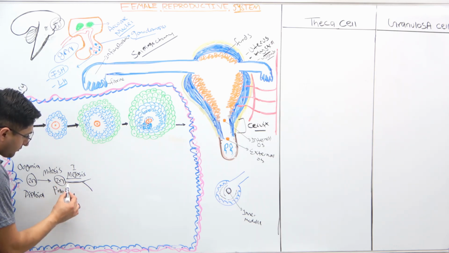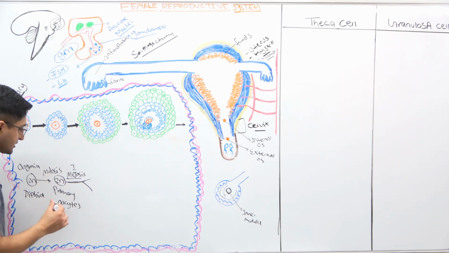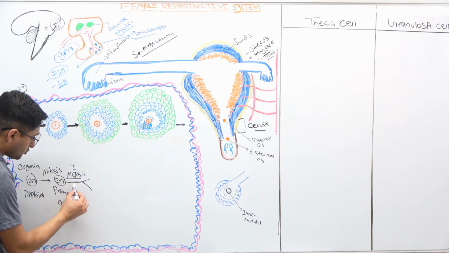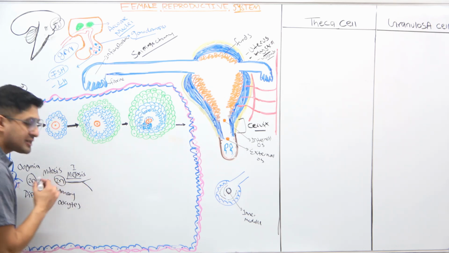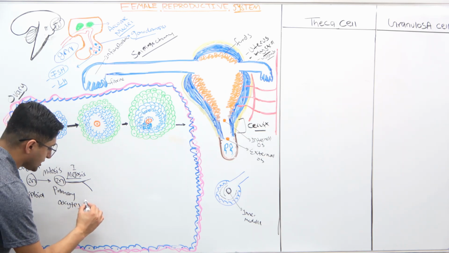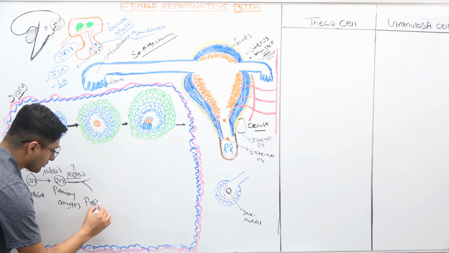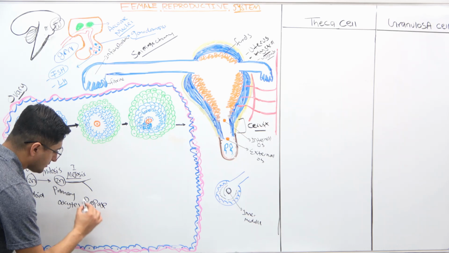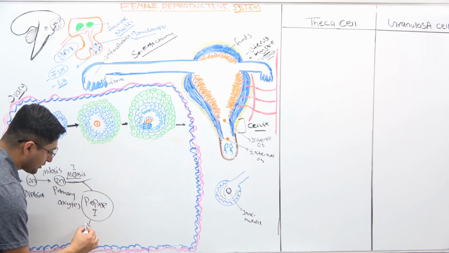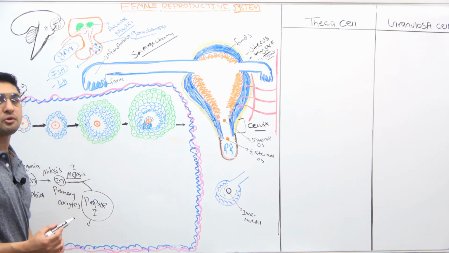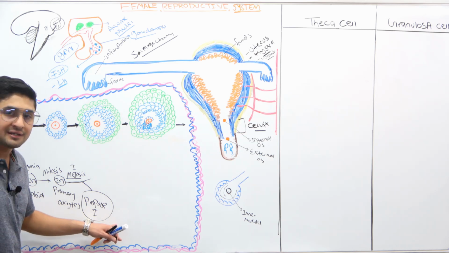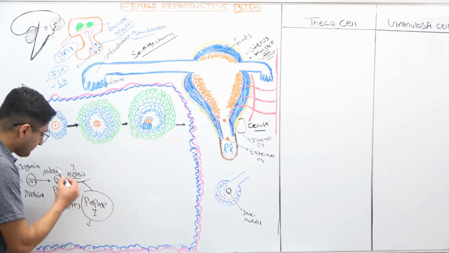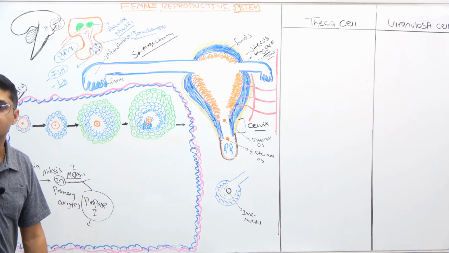During the process of meiosis, these will get arrested at prophase 1, which is the diplotene stage of prophase 1. That's where the primary oocytes get arrested.